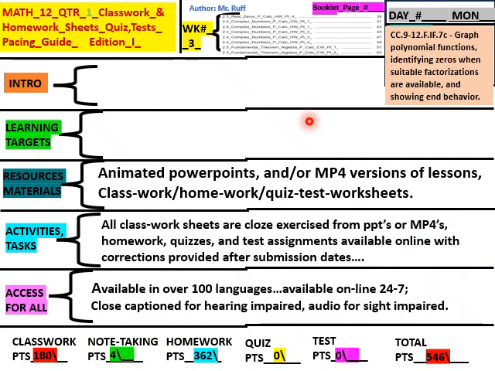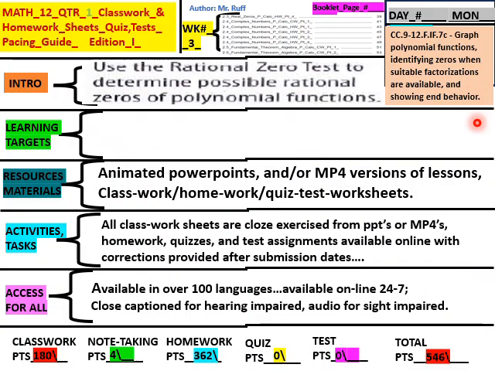And then one of our major Common Core standards is F-IF.7c, graph polynomial functions, identifying zeros when suitable factorizations are available, and showing end behavior again.